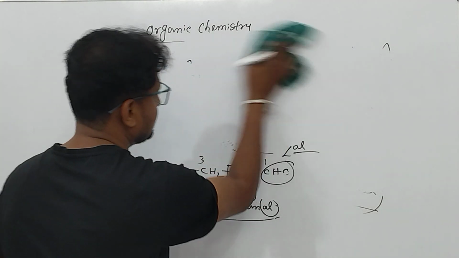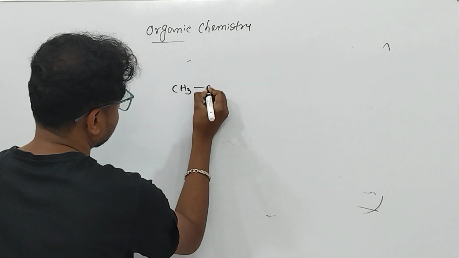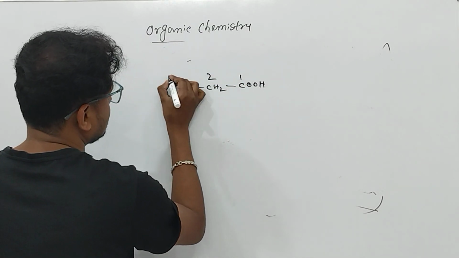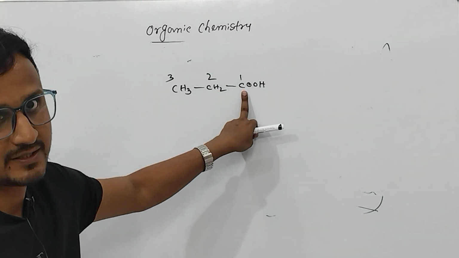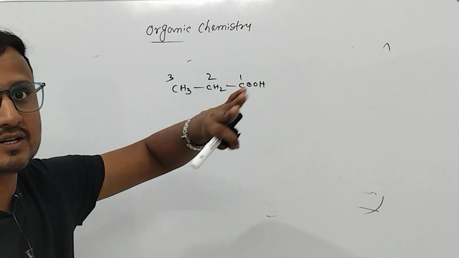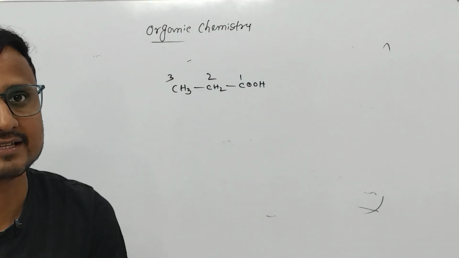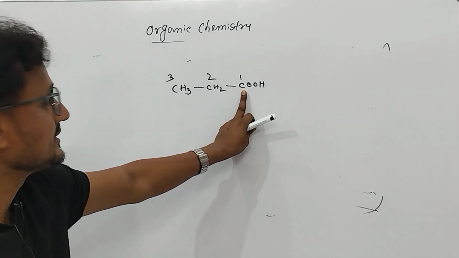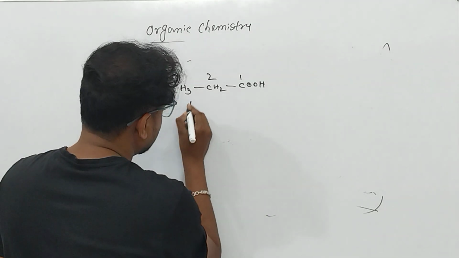Now suppose this is given, consider a COOH group. How many carbons? Now here you have to consider the COOH carbon also. For CHO also you have to consider the carbon that is there in the CHO. So this carbon must be taken into consideration. 1, 2, 3. Okay, how many carbons? 3 carbons.